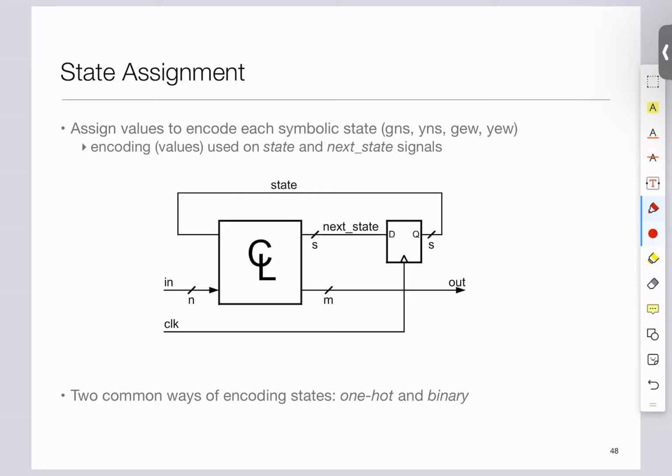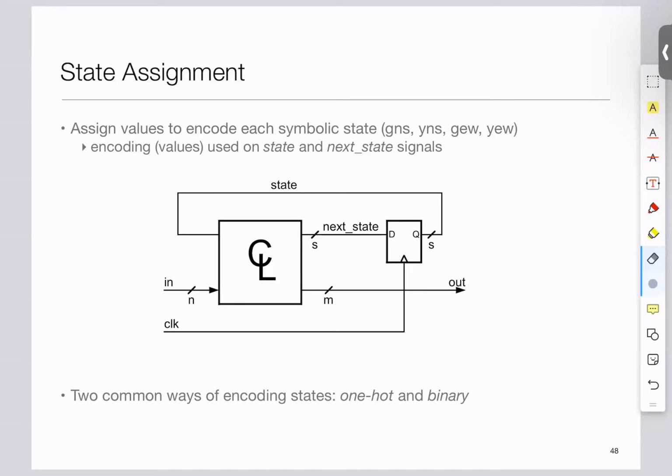Tools which work with finite state machines try to optimize this coding. They try to see which encoding would result in smaller hardware, for example, or faster hardware or lower power hardware. So the encoding is super important. Now, here we have a toy example, so things don't matter as much, but in complicated examples where you have thousands of states, that's super important.